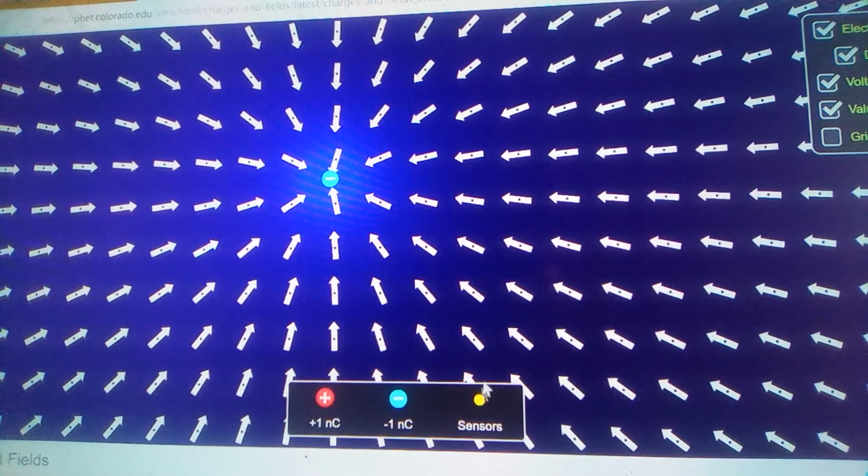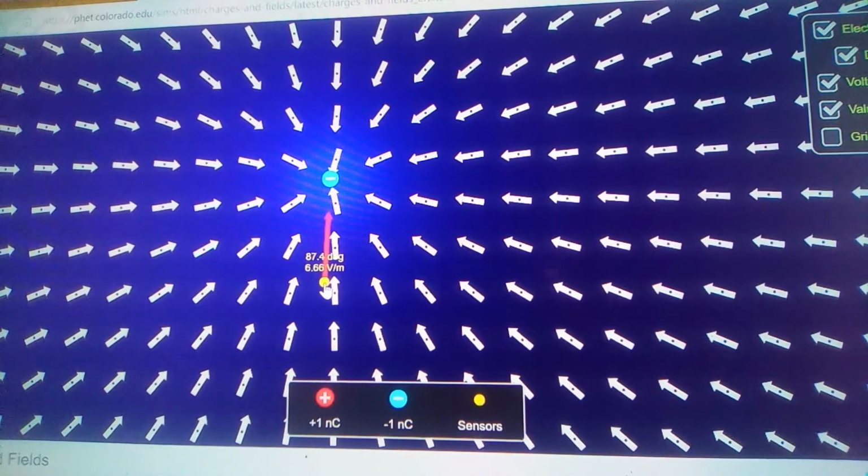Even if you have a sensor, you can see that at any point in our field lines, the forces are coming towards the charge.